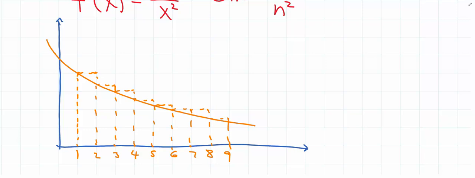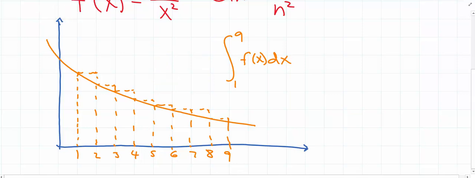Now here's what we know. Notice I've chosen the width of these rectangles to be 1. If you look at a sum, let's suppose we're going from 1 to 9, and we've got this function. Actually, let me go back the other way, the way I've drawn this.